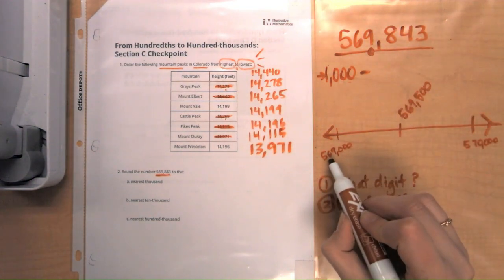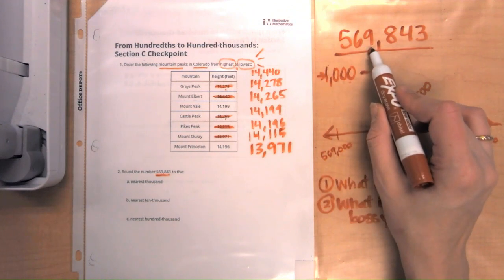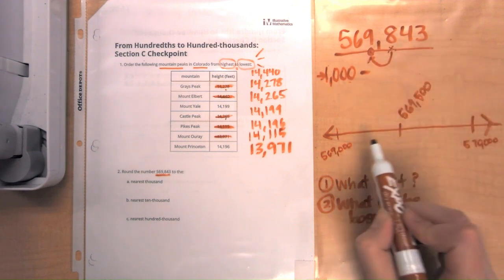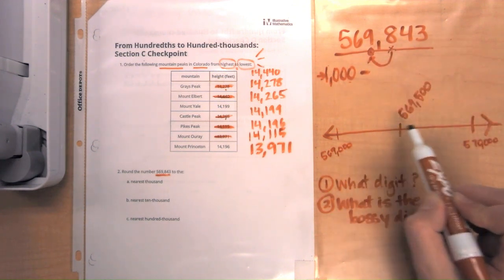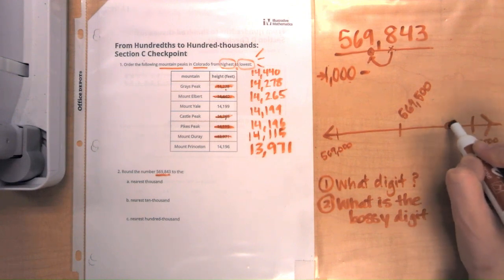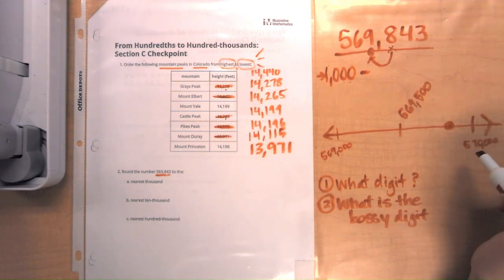So what that is saying is that this number is the one that's going to be doing the changing. The 8 tells us where the number falls on the number line. So the 8 is the bossy digit, and that tells us that this number is going to fall right about here somewhere.